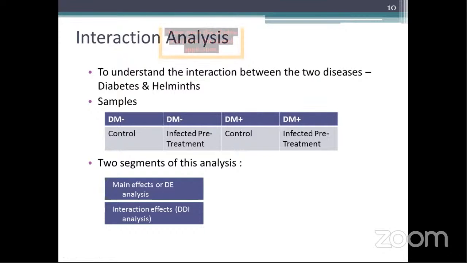The whole interaction analysis itself can be split into two segments. One is the main effects or differential expression analysis, as it is popularly called in bioinformatics, which is basically to study the effect of one of the independent variables on the dependent variable. Whereas interaction occurs when the effect of one independent variable on the dependent variable changes depending on the level of another independent variable.